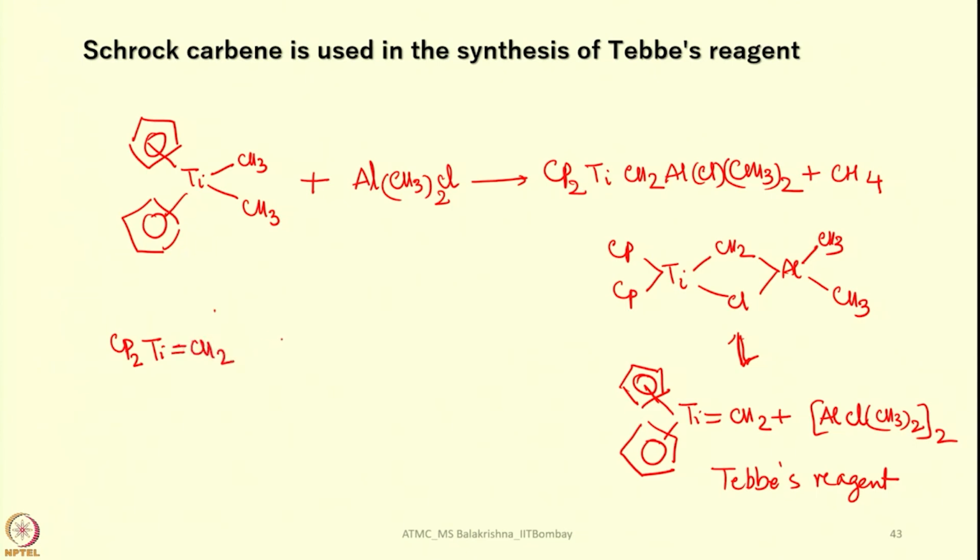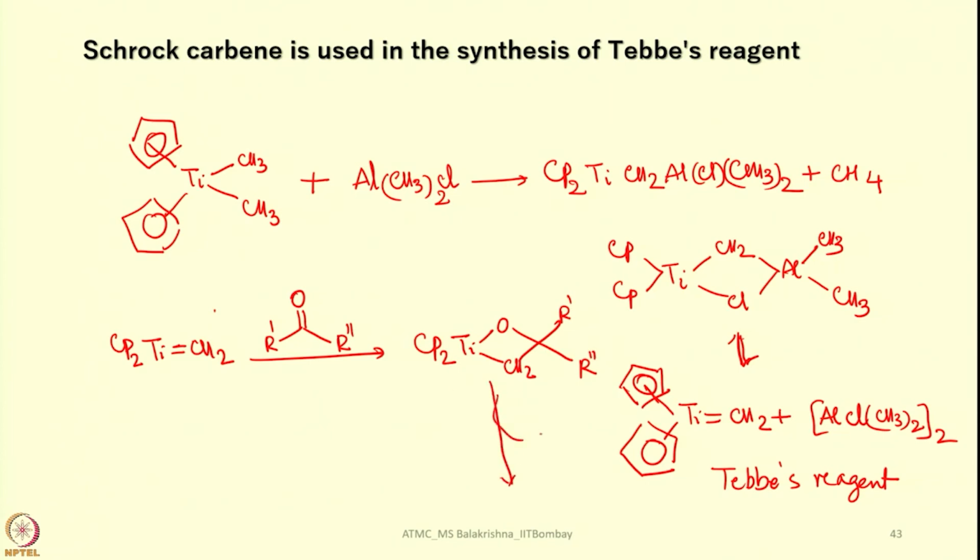If you treat it with a ketone, it initially forms an intermediate of this type, and then Cp2Ti=O comes out, and that leads to the formation of the methylenated alkene.